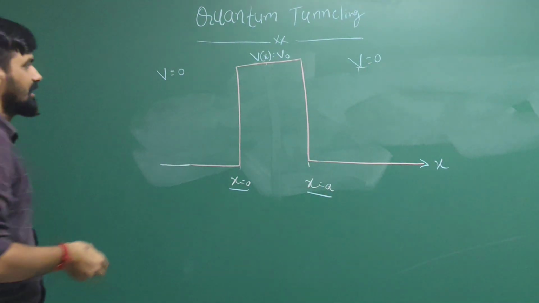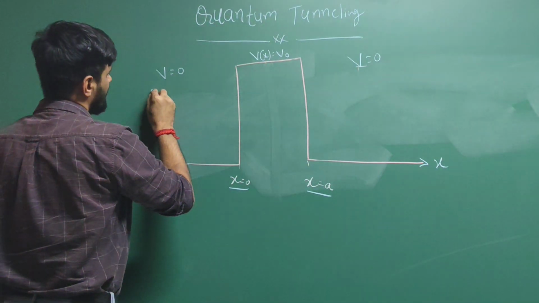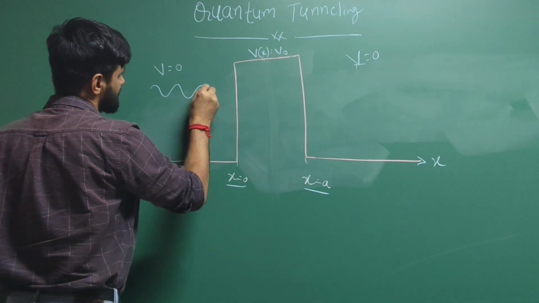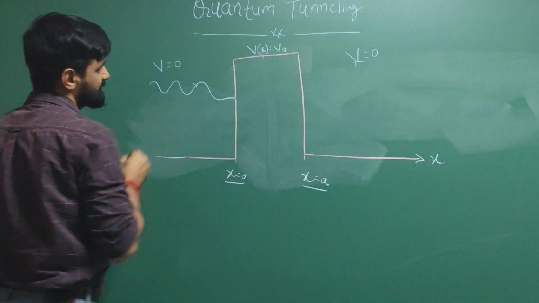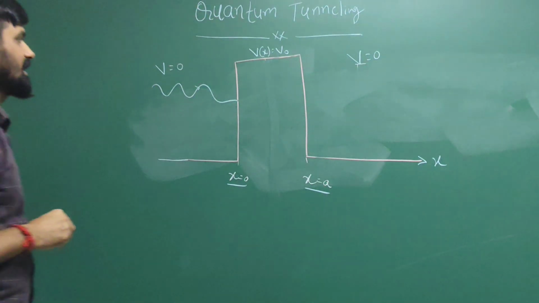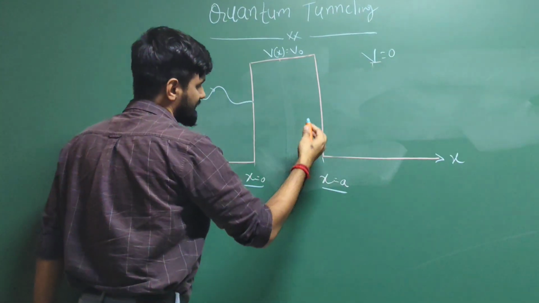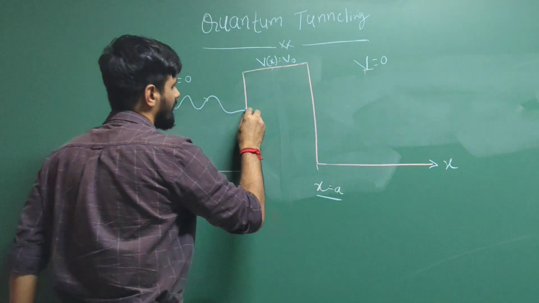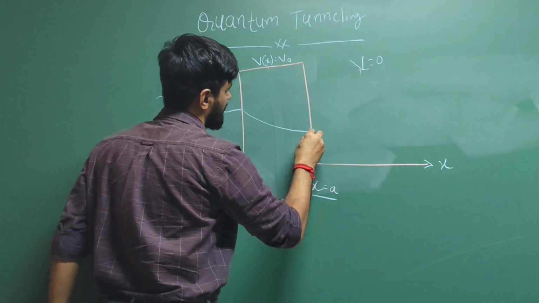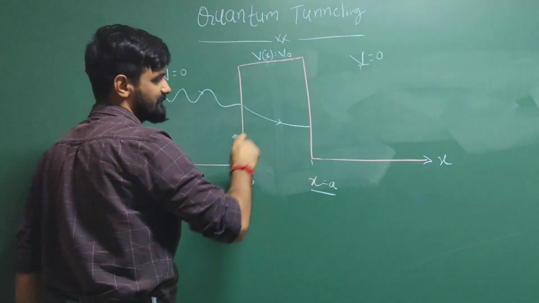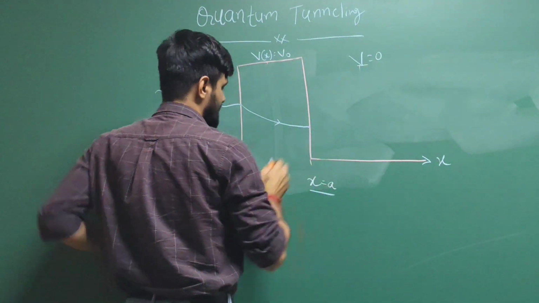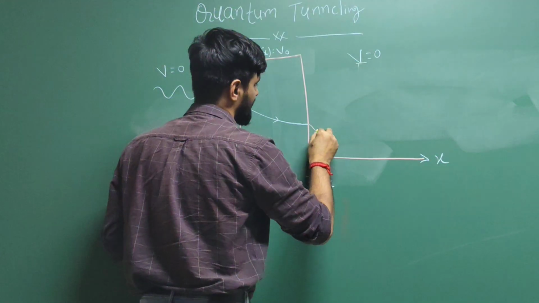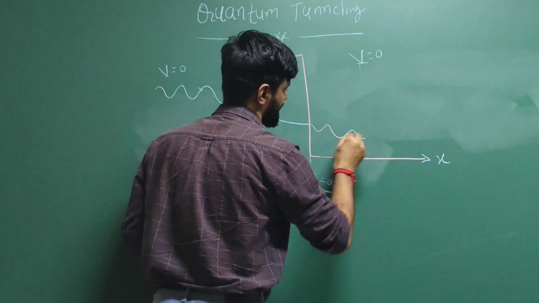Now there will be an incident wave that is coming to this potential barrier, and if we assume the potential barrier is very thin, then there will always be a penetration of this wave in the barrier, and you will see this wave function appear on the other side.